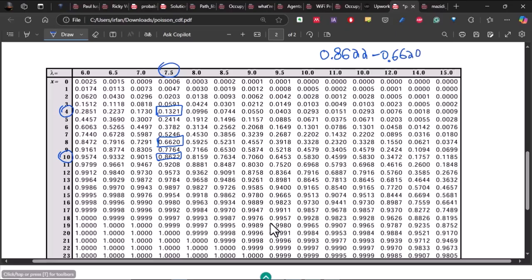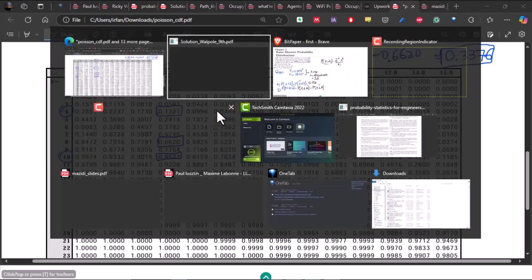So this is the probability that x is less than or equal to 10, and this is the probability that x is less than or equal to 8. Subtracting this one from it, we get 0.3376. This is 0.3376 and that is what we intended to find here.